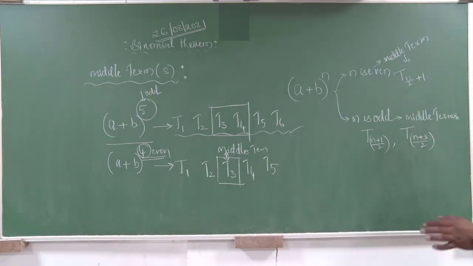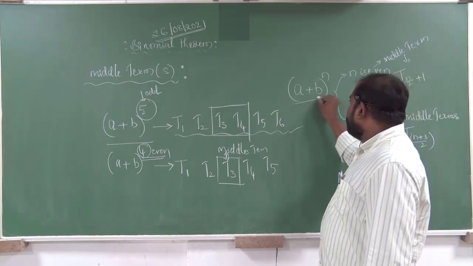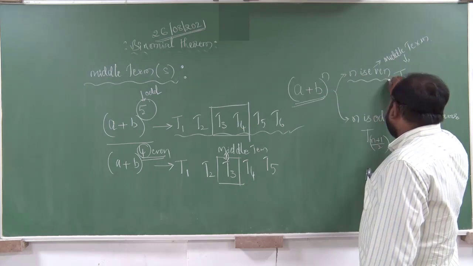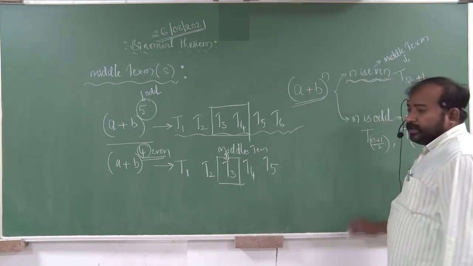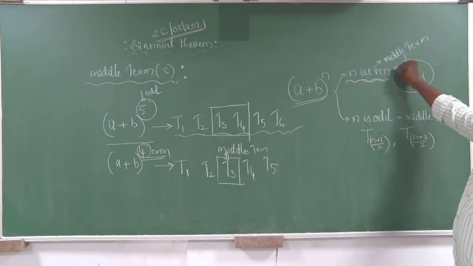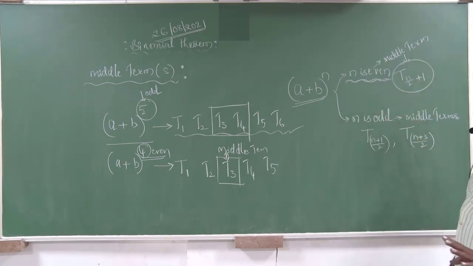So here the concept is, in the binomial theorem (a plus b) whole power n, if n is even, then there exists a middle term. And the middle term is given by this formula, T (n by 2 plus 1).